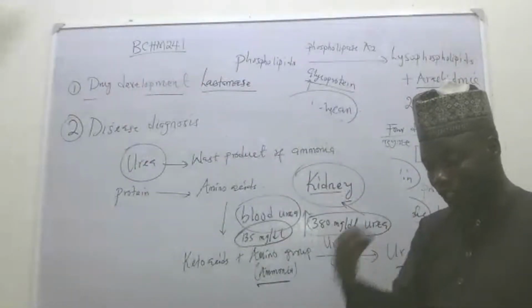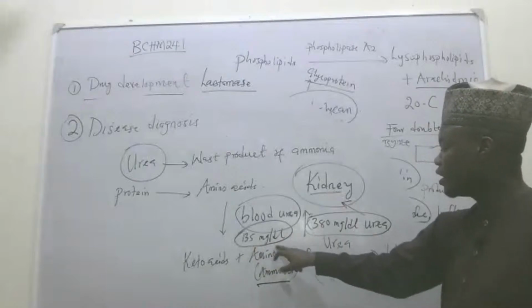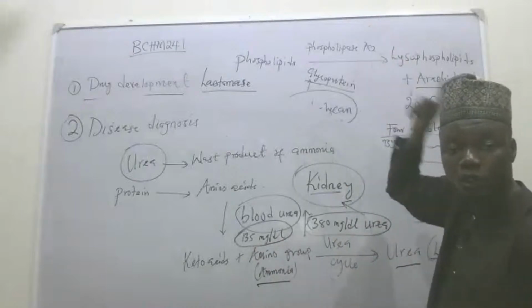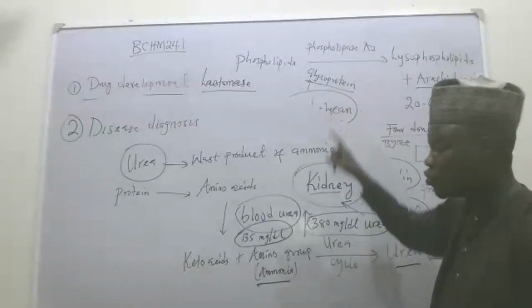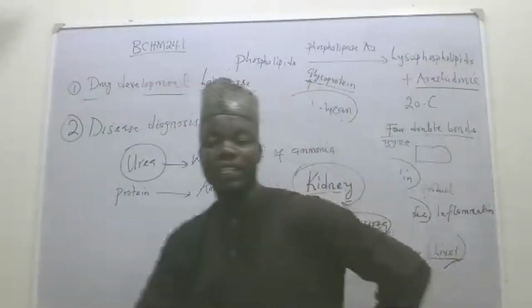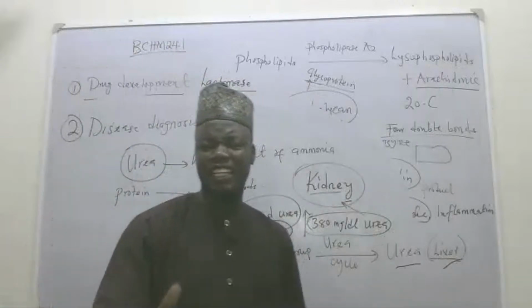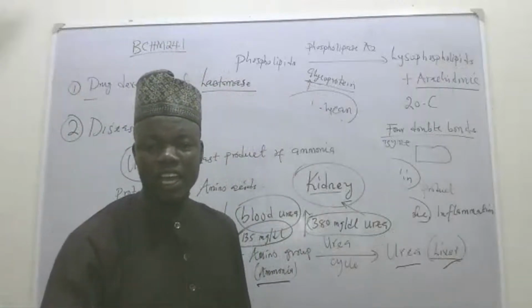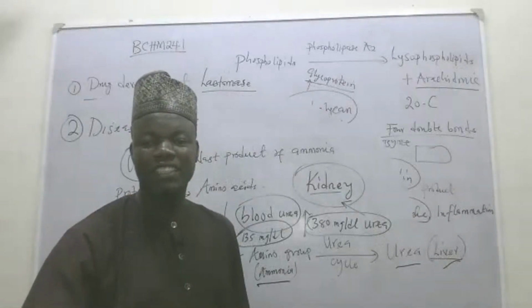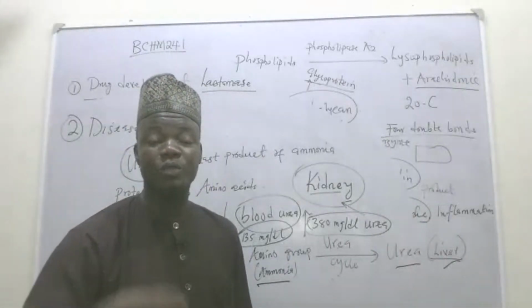Then you take the blood and test for urea, and you observe that instead of 135, it has shot up to 380 milligram per deciliter. Excellent. The answer is kidney, which means the problem is from the kidney.